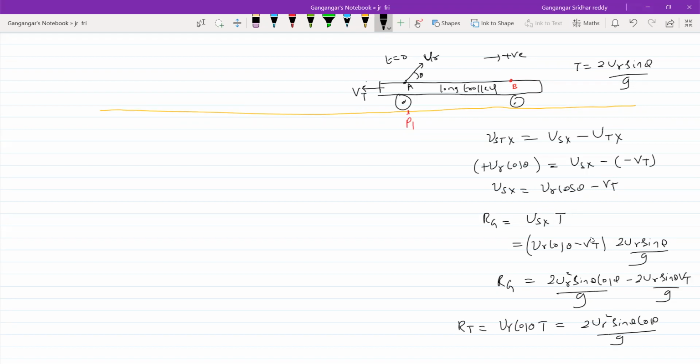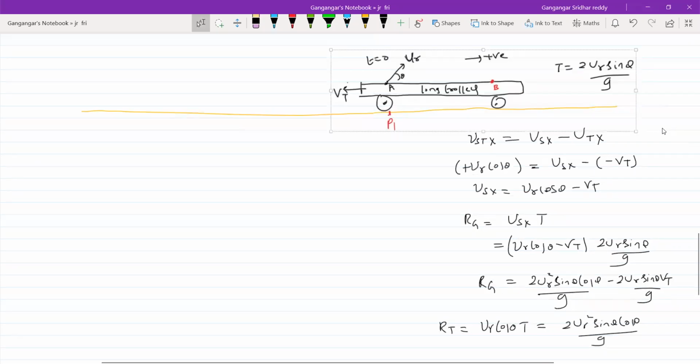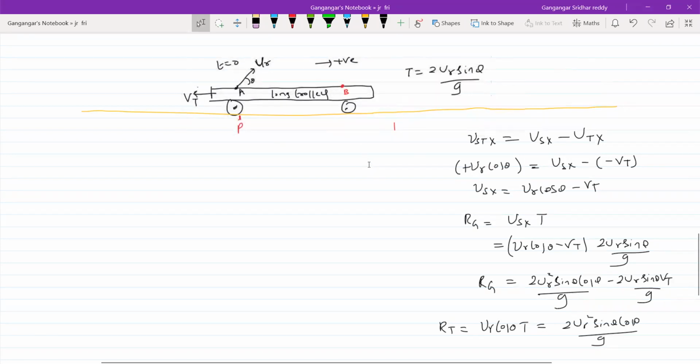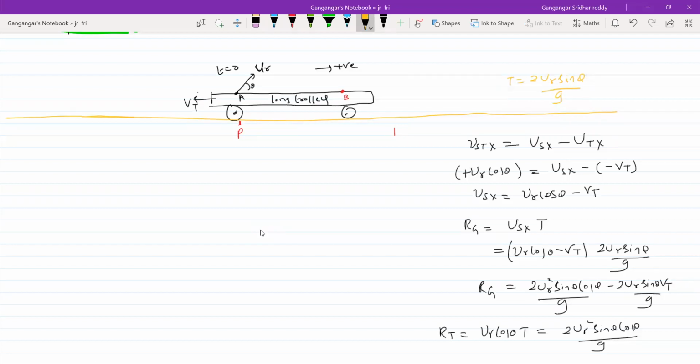What conditions will arise? After some time, where will the trolley be? Okay, after some time, the trolley will undergo displacement.